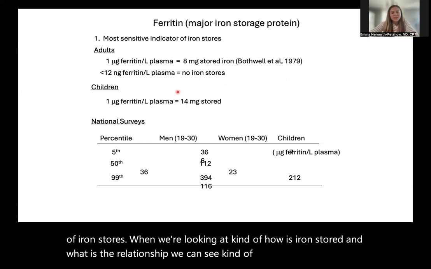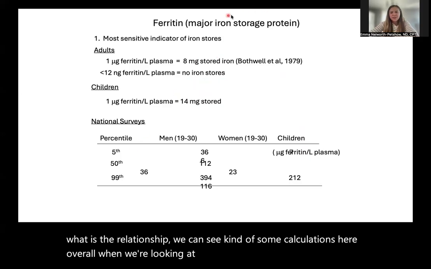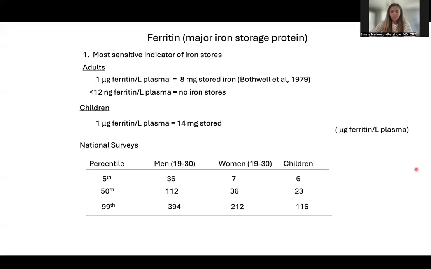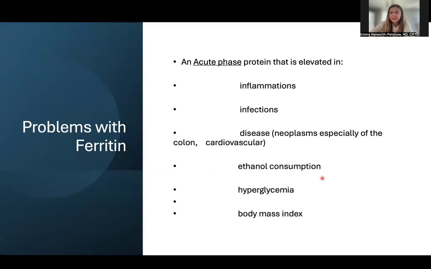When we're looking at how iron is stored and what the relationship is, we can see some calculations here overall. When we're looking at percentages, we can see that if we look at these ranges, the fifth percentile considered normal would be listed here, and this is AMAB and AFAB individuals. 50th percentile here and 99th percentile here for what is known as normal versus high versus low ferritin.